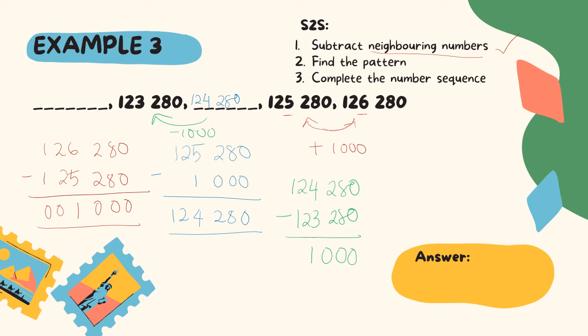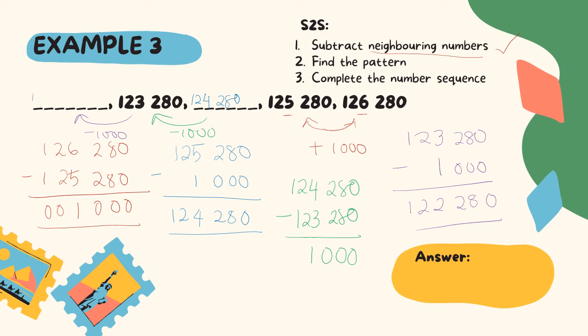So in order to get the first number, you just need to minus 1,000 from the second number. 123,280 minus 1,000. So 0, 8 minus 0 is 8, 2 minus 0 is 2, 3 minus 1 is 2, and 12 goes down.